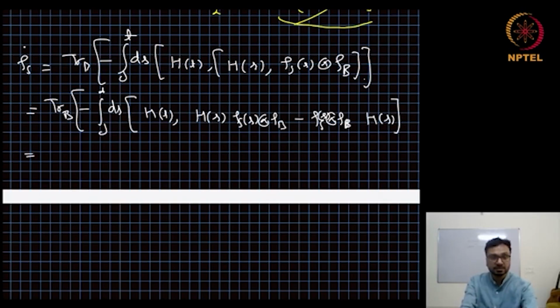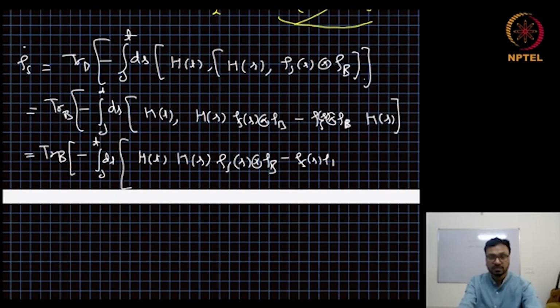And this can be written as minus the integral from 0 to t ds. There will be 4 terms because it's a commutator of 1 with the 2 terms. It will be H(t) H(s) rho S(s) tensor rho B minus rho S(s) rho B H(s), minus H(s) rho S(s) tensor rho B times H(t).